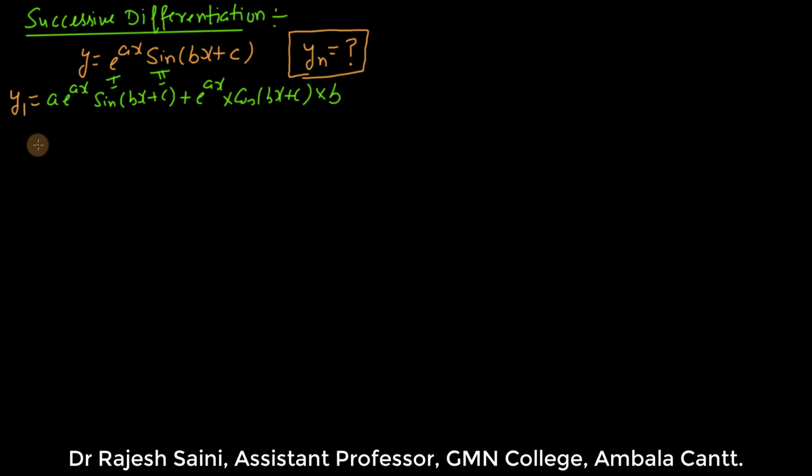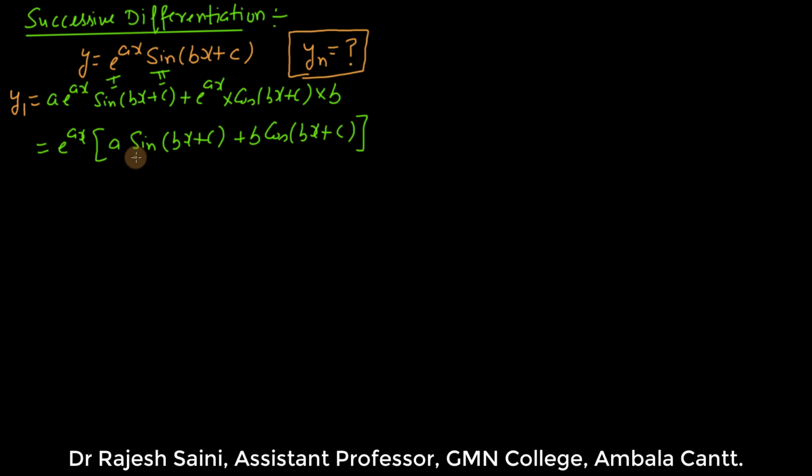From here I am going to take e raised to the power ax common, so this will be a sine bx plus c plus b will come over here before cos bx plus c. So I am going to close the square parenthesis.